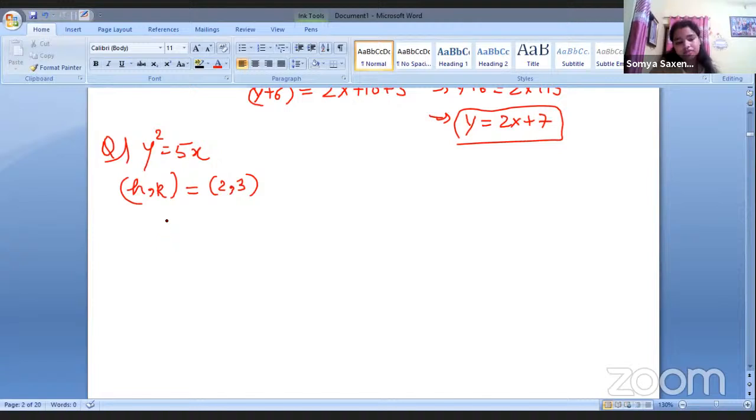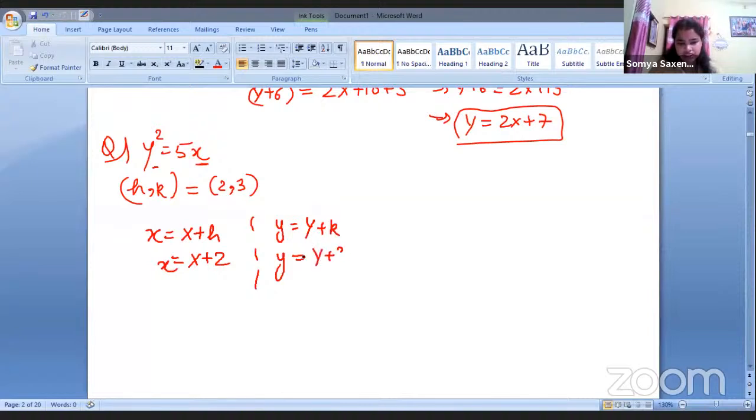See, here we again have to find out the values of small x and y. So just find their values only. Don't find capital X and capital Y initially and then put this one. So x is equal to X plus h, X plus 2, and y is equal to Y plus k, y is equal to Y plus 3.